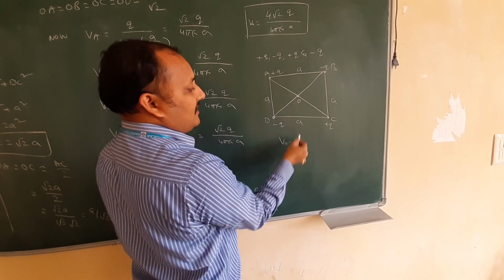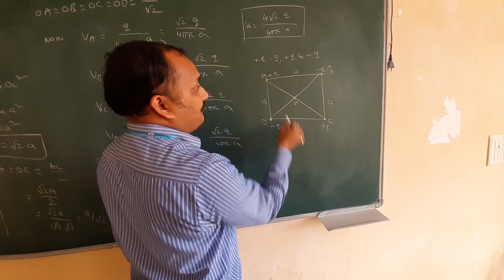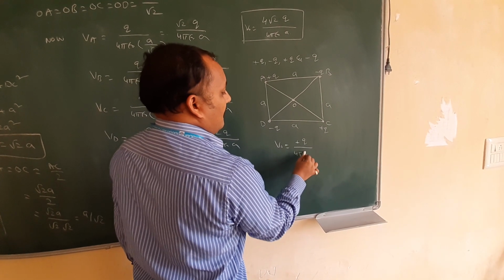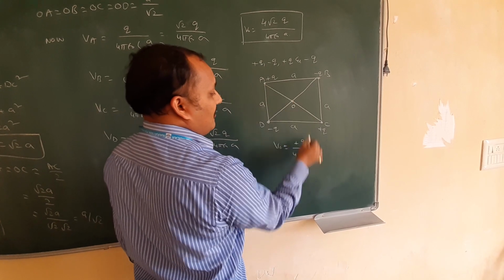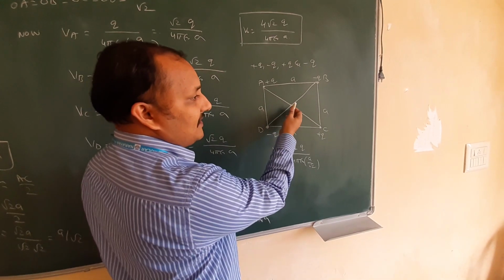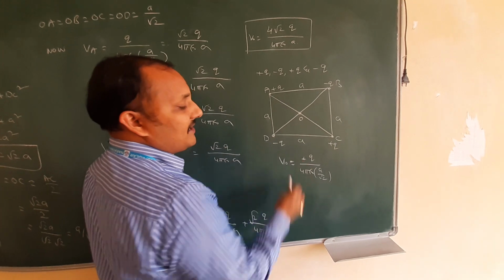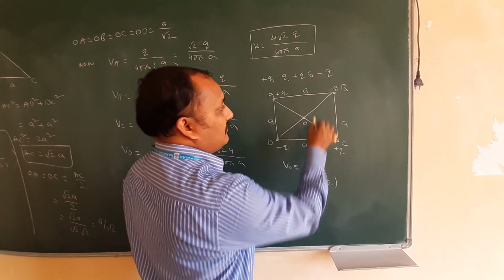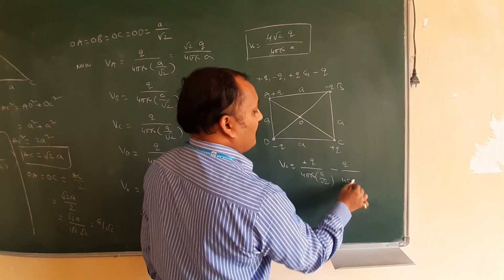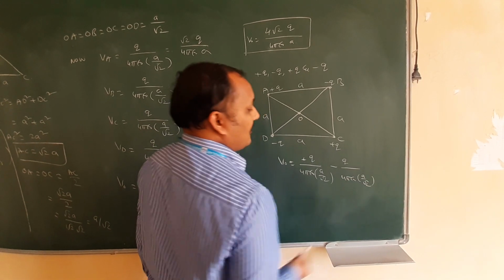Directly I am saying, because plus Q by 4 pi epsilon naught OA. What is OA we got? A by root 2. I am writing directly because we already did the same model. Therefore, I am writing directly here. Due to this one, minus Q by 4 pi epsilon naught A by root 2.